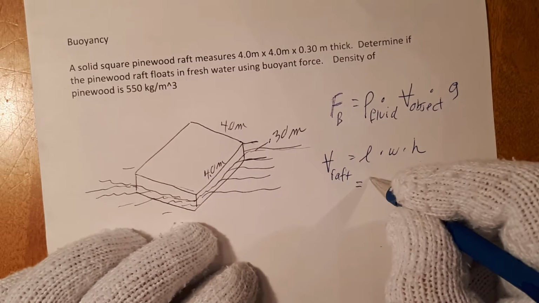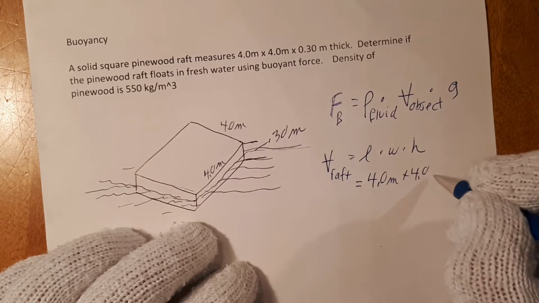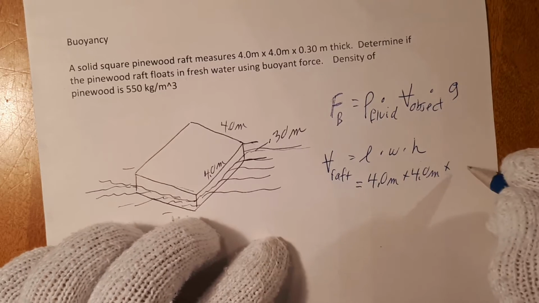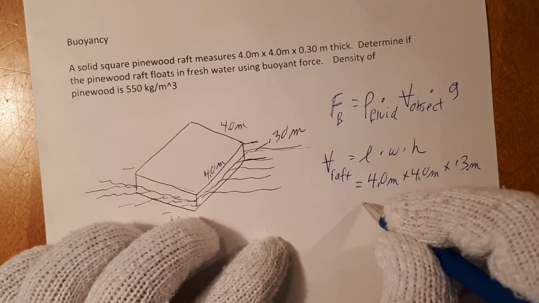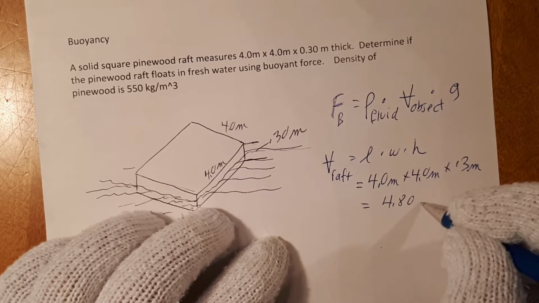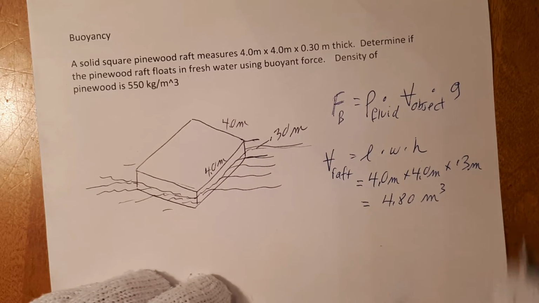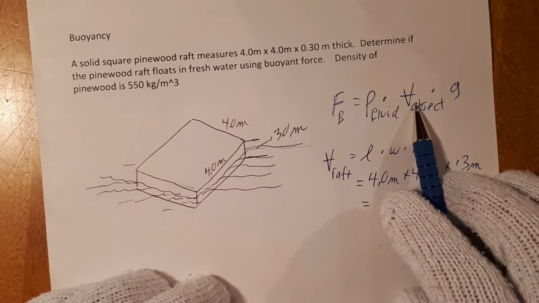We can put in the numbers. 4.0 meters times 4.0 meters times 0.3 meters. And that would be equal to 4.80 cubic meters. That would be the volume of the raft, volume of the object.